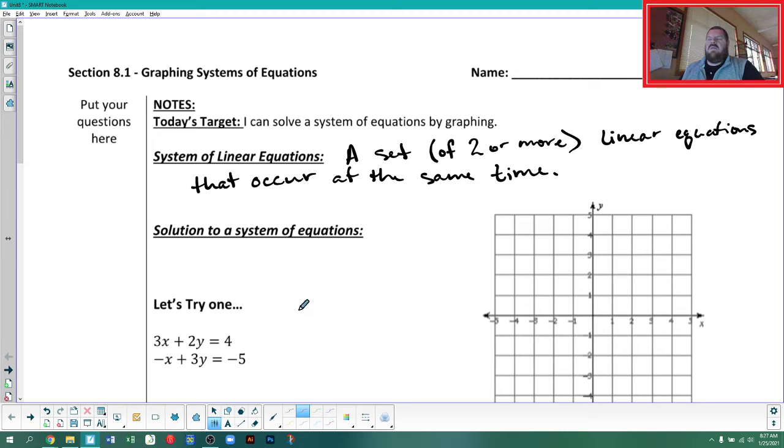Now, the one thing that I do want to emphasize now and re-emphasize and continue to re-emphasize over and over again is this one idea: the solution to a system of equations is the point where the two, or two or more, lines cross.